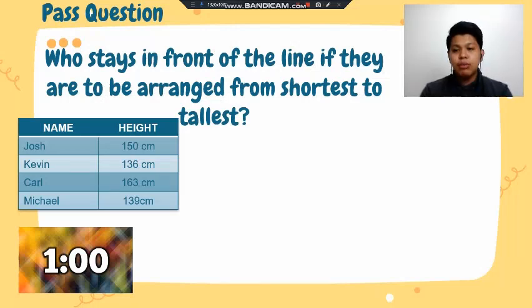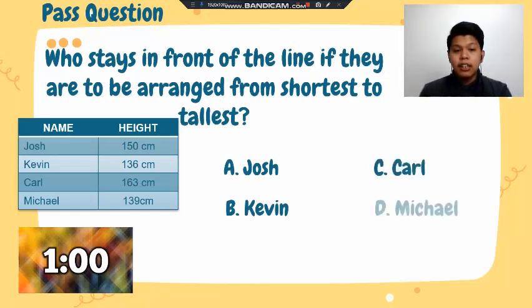We have Kevin with a height of 136 centimeters. We have Carl with a height of 163 centimeters. And Michael with the height of 139 centimeters. So who will stay in front of the line? Is it A, Josh, B, Kevin, C, Carl, or D, Michael?